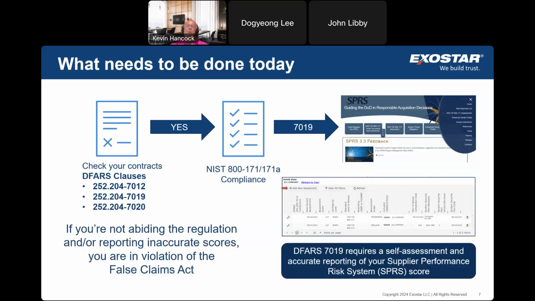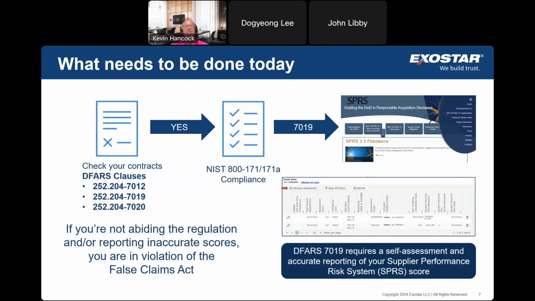Okay. But that doesn't change what you need to do today. If you've got a federal contract, or you've signed a subcontract for somebody who does have one, you have certain DFARS clauses within that contract. Those DFARS clauses are what control what you need to do. Right?